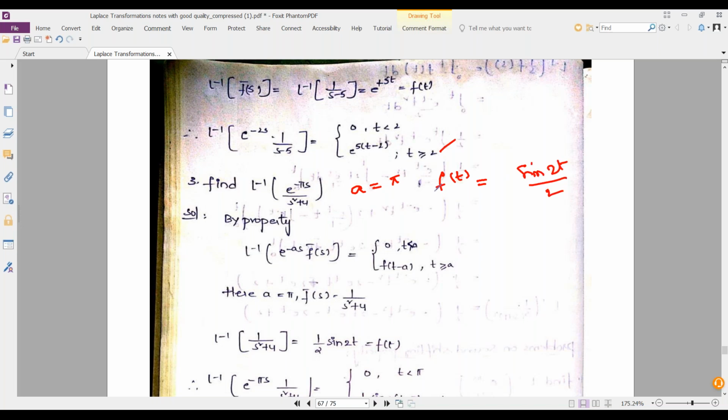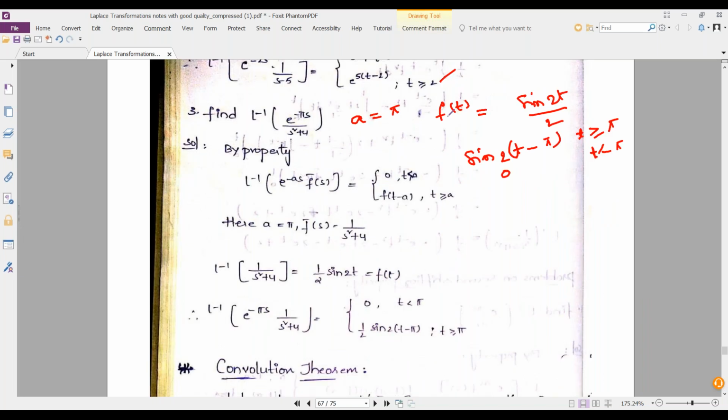So the answer will be sine 2 times (t minus pi) if t greater than or equal to pi, 0 if t less than pi. The 1 by 2 I mentioned before but forgot here; 1 by 2 will be there.